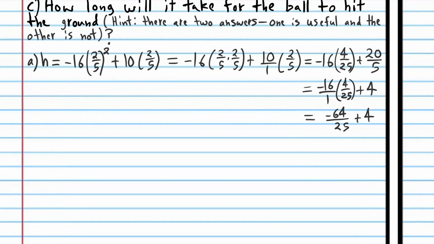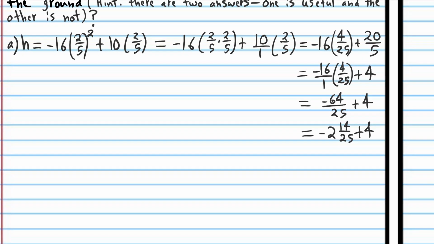And so now I'm going to change this to a mixed number. 25 goes into 64 2 times. And 2 times 25 is 50. The remainder is 14. So if you don't remember how to change an improper fraction to a mixed number, just go back to my arithmetic course and look at that.